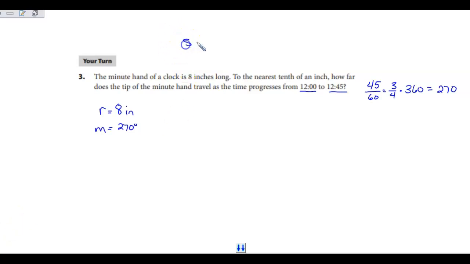Remember, the length of the arc is your measure of your angle degrees over 360 times 2 times pi times my radius. Okay. Go ahead and try this one and check to see what your answer is.